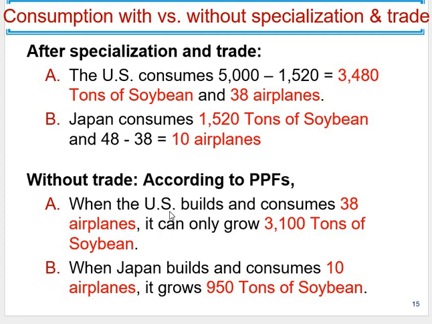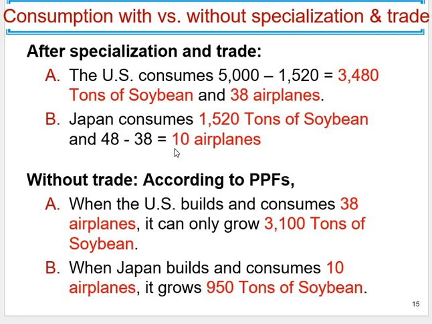So it's a self-sufficient economy, right? And from here we can already compare, right? Even though the US is consuming the same amount of airplanes, with specialization and trade, the US can consume more soybeans, 3,480 tons of soybeans. That's more than the autarky or no trade consumption of soybeans, which is 3,100 tons.